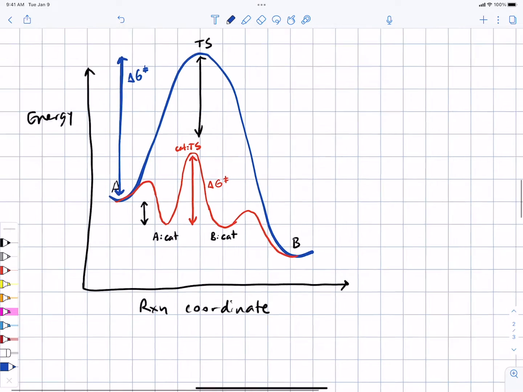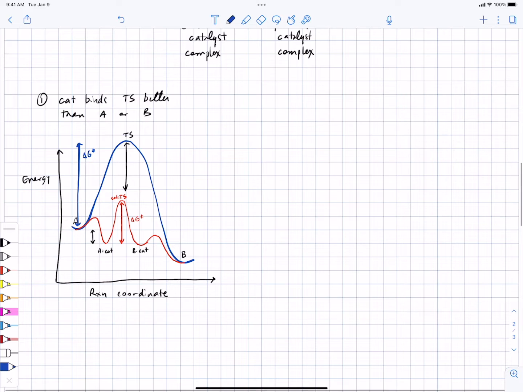Okay? Now, you can imagine a situation, and so this is a really important concept if you're designing catalysts. Sometimes your intuition tells you to do exactly the wrong thing. You think, oh, I want an enzyme, or I want to design a catalyst. I need to bind the substrate really tightly.